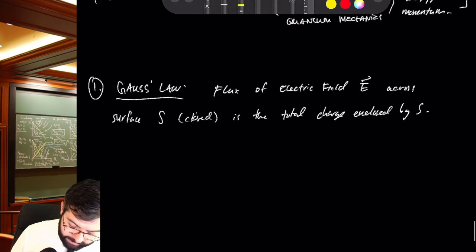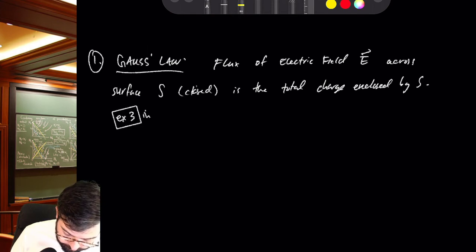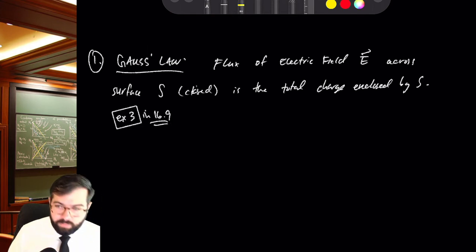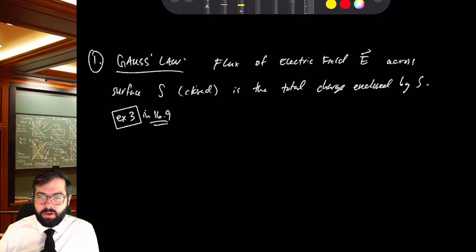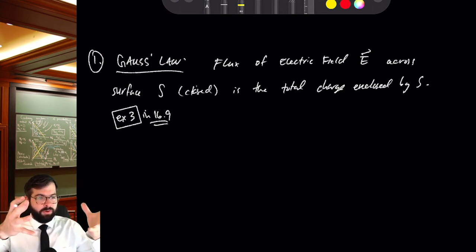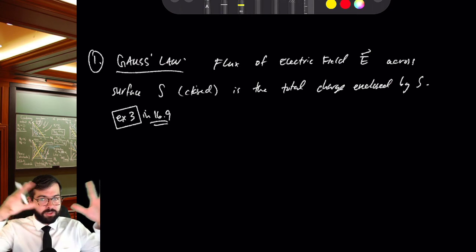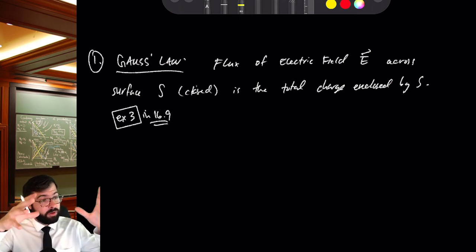So it is easy enough to show for a simple case how this works when there's just a single charge. If you place it at the origin and you surround it with any surface, you can calculate how much charge is within the space versus how much flux from the electric field is coming across the surface.